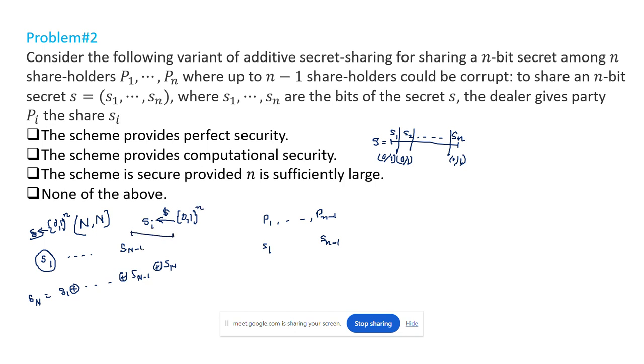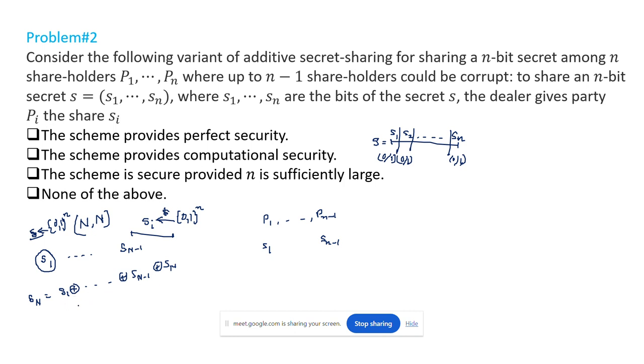In normal additive secret sharing, each secret share has essentially the same form or same size as the original secret. Each of these SIs is an n-bit binary string sampled uniformly randomly from this space. Once you have independently generated these n-1 shares, the last share is computed as the XOR of all these values.